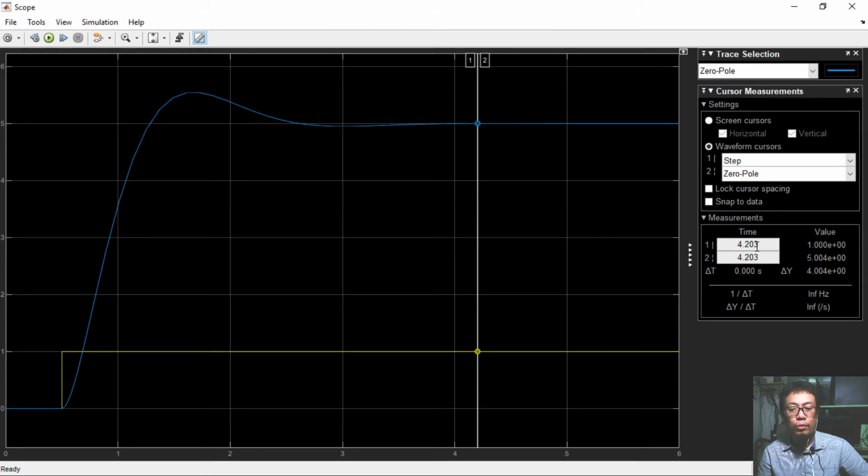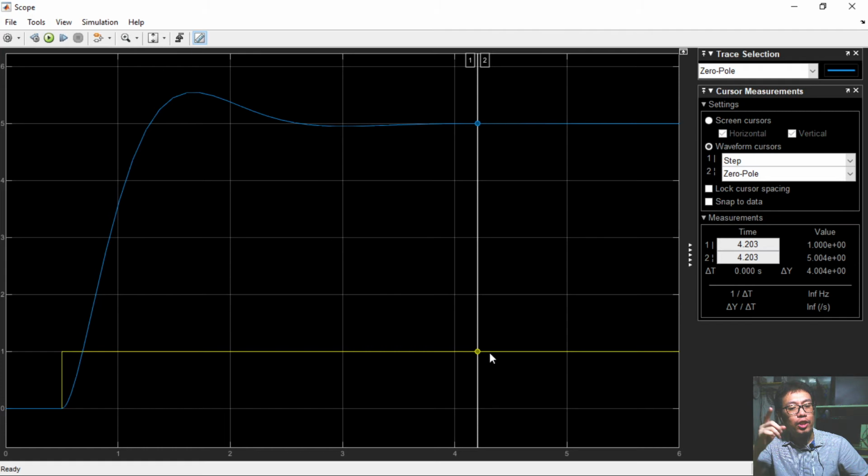So that we can see the value of waveform 2, your blue one, which is 5.004, and the value of waveform 1, which is 1. The gap between these two is your error. Again, remember, error is input minus output.